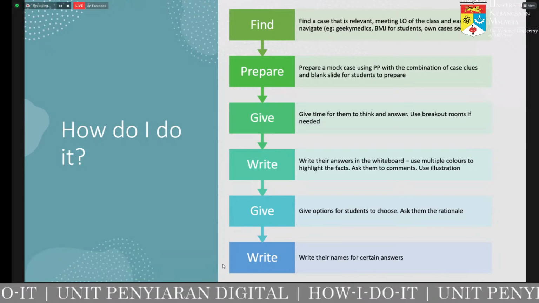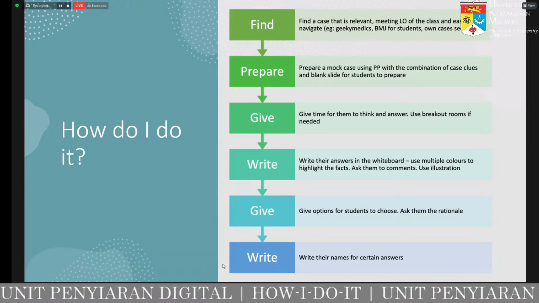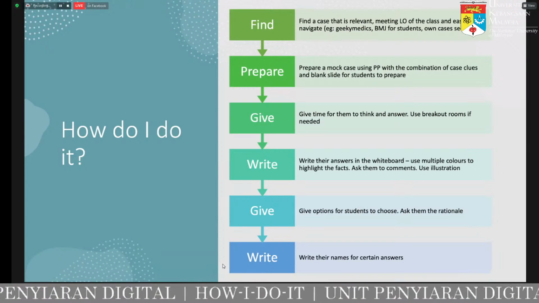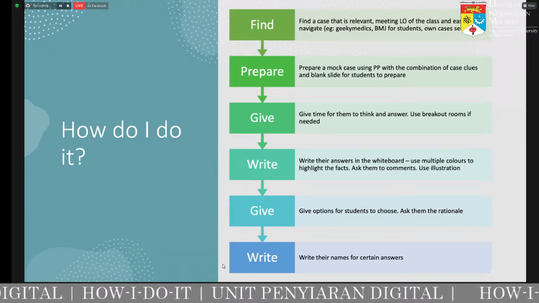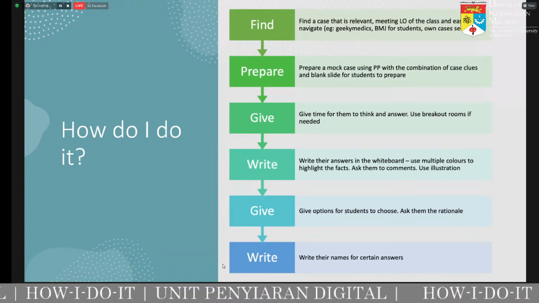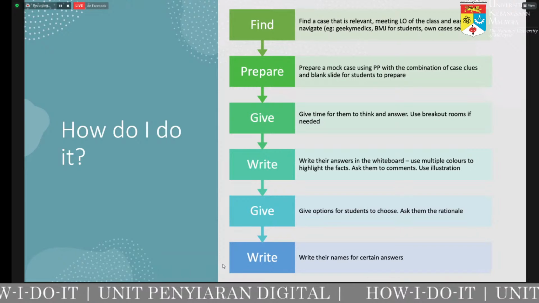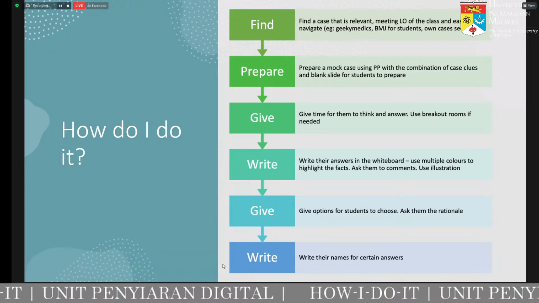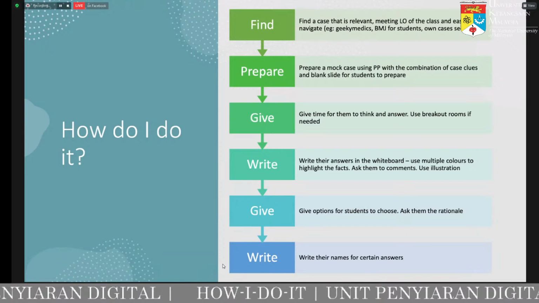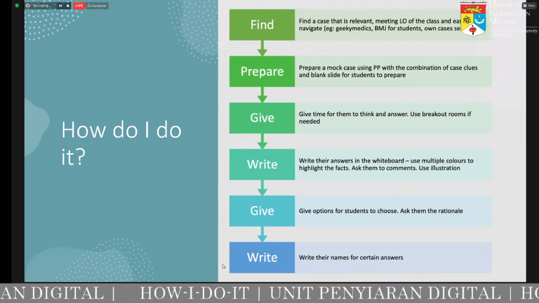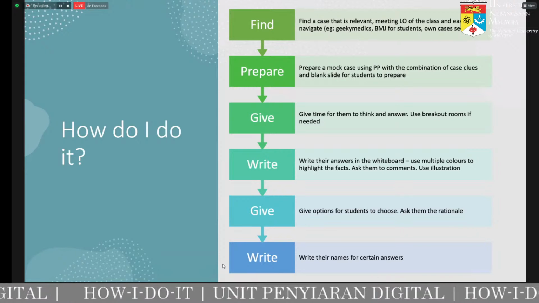If you can see my mouse, so the clinical reasoning. So you can set for hypothesis how many questions they should actually answer to get the marks, and so on. Just that the terms might not be very familiar with us. Maybe this is an American way, I'm not sure. So what I understand is hypothesis is the differential diagnosis that you should entertain. The diagnosis is the actual diagnosis.